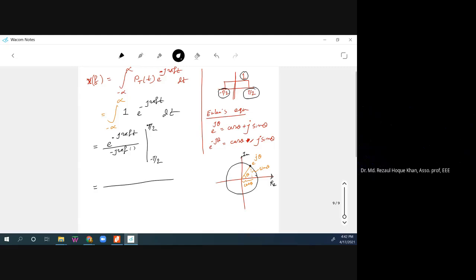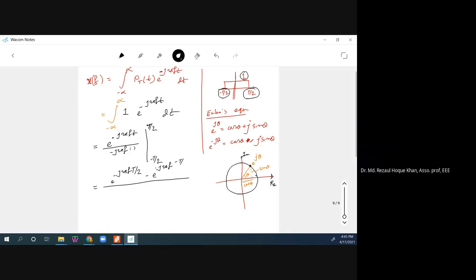We put in the limit value: e to the power minus j 2 pi f T by 2, minus e to the power, so minus and minus becomes plus, e to the power j 2 pi f T by 2.